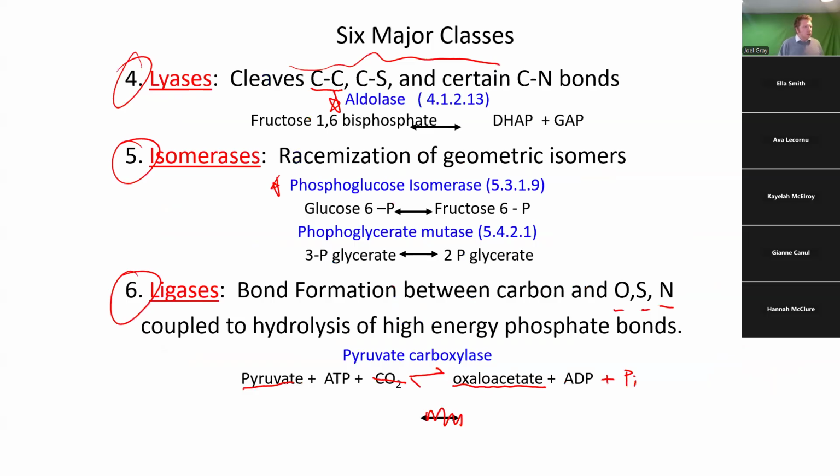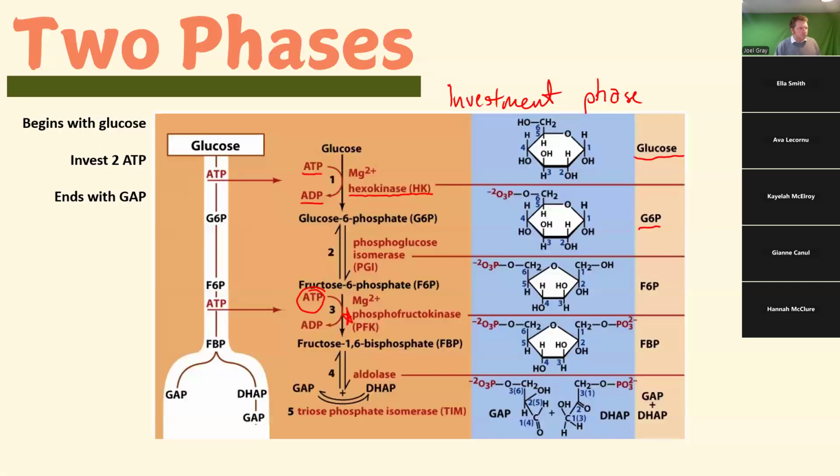Whereas our ligase, this ATP is basically just broken up into two different things, ADP and inorganic phosphate. So what I'm getting at here is, yeah, we take this inorganic phosphate off, but then what do we do with it? We put it onto glucose to make glucose 6-phosphate.